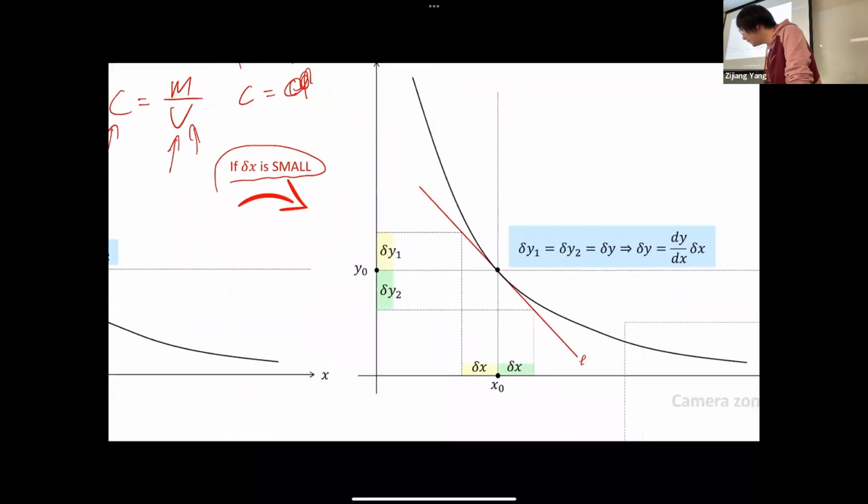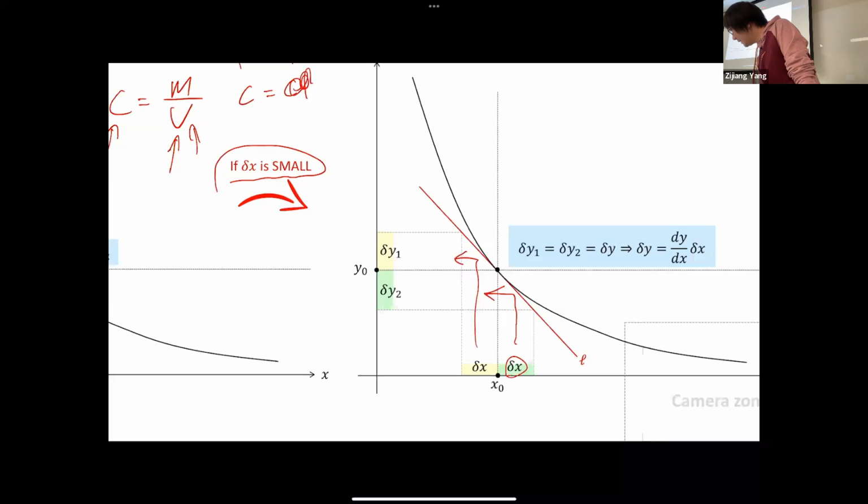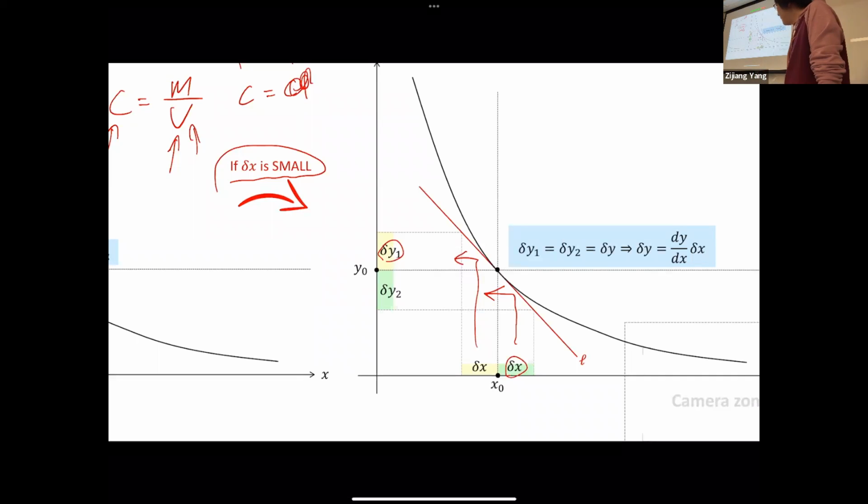And by assuming delta x is small, we can use this straight line to approximate this curve at this point. When we project based on this straight line, delta y1 and delta y2 are equal, and we can just say they equal delta y. In this case, they are symmetric and equal to each other.